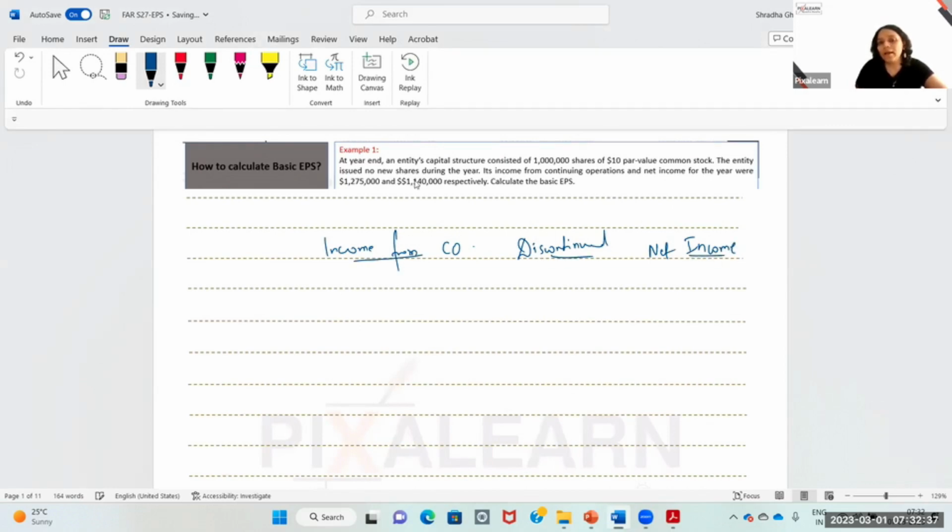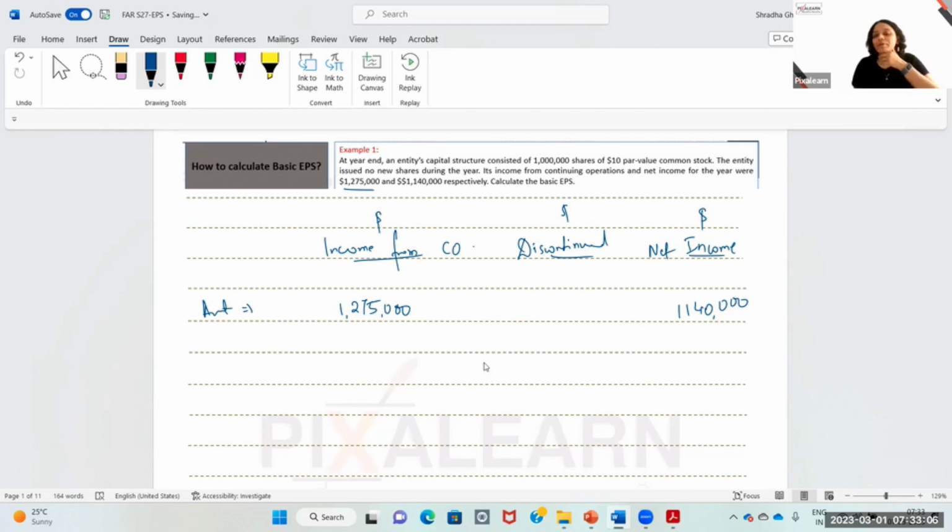If I take these figures in dollars, the amount that we earned in income from continuing operations was 1275000, and net income was 1140000.